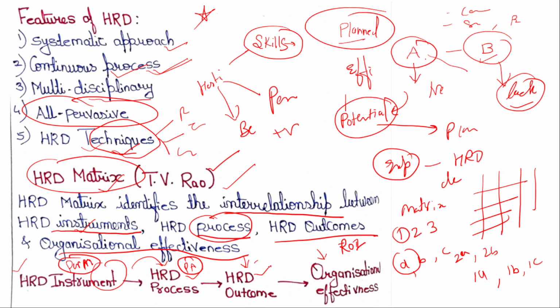This process will result in some HRD outcome, meaning either the person will learn new skills or become efficient, and ultimately this HRD outcome will result in organizational effectiveness, in the form of better profit, better employee motivation, better employee satisfaction, job satisfaction, and so on. So that is your HRD matrix.